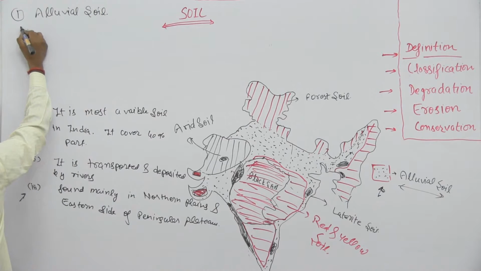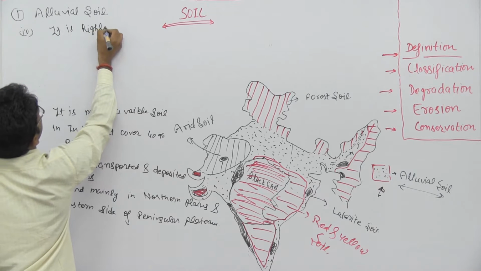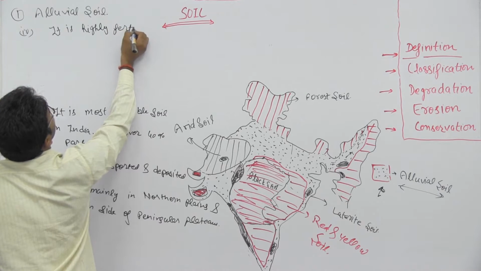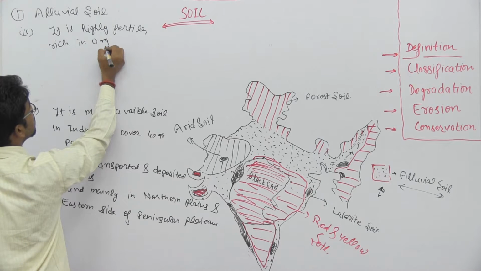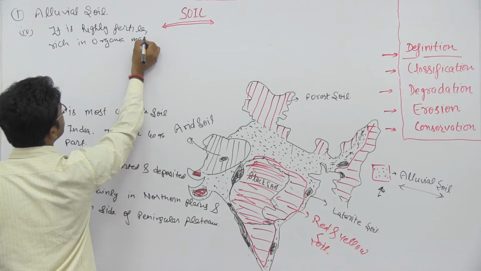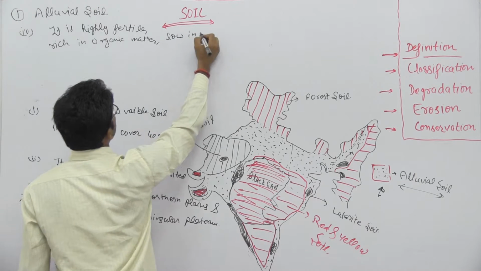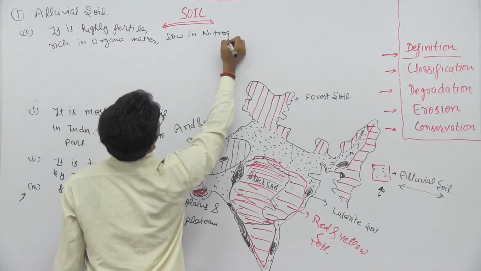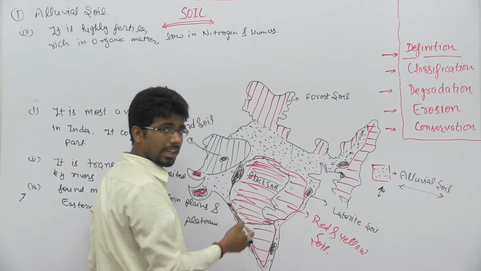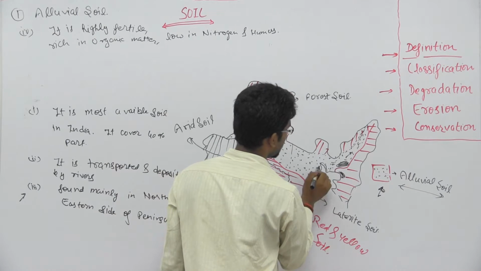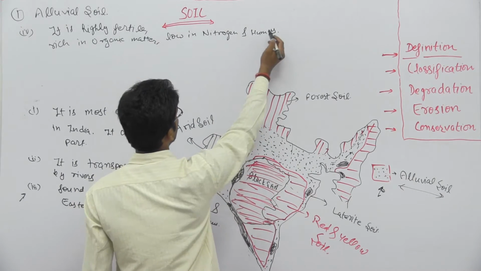In the fourth point we can write, it is highly fertile, rich in organic matter, but it is low in nitrogen and humus. It is just because it is simply on the plains where it has a low quantity of forest, so because of that it has low humus content.